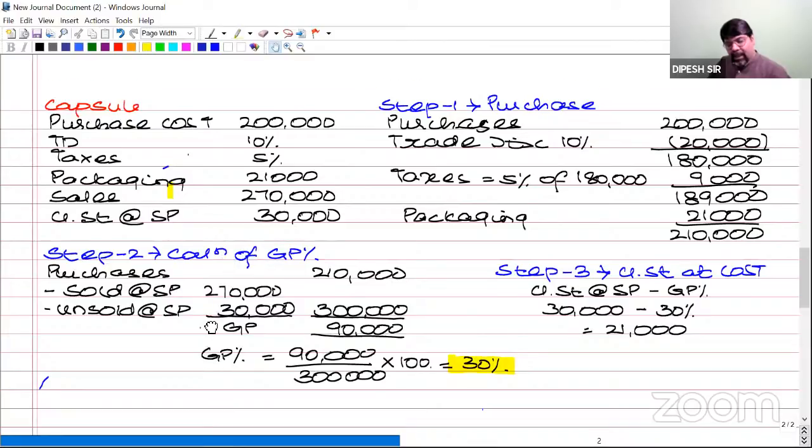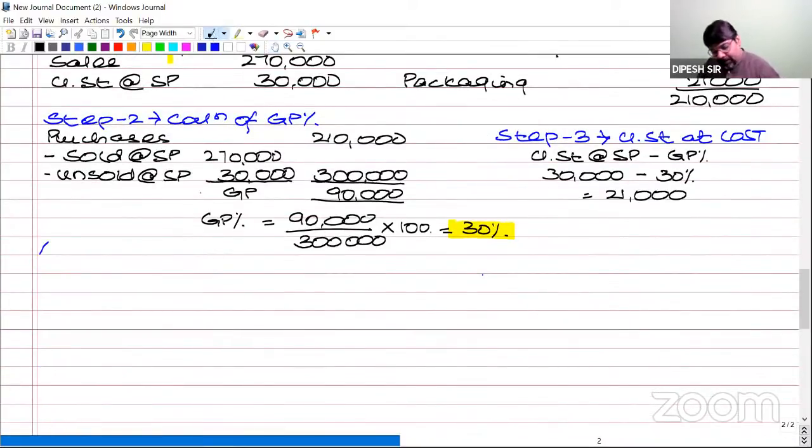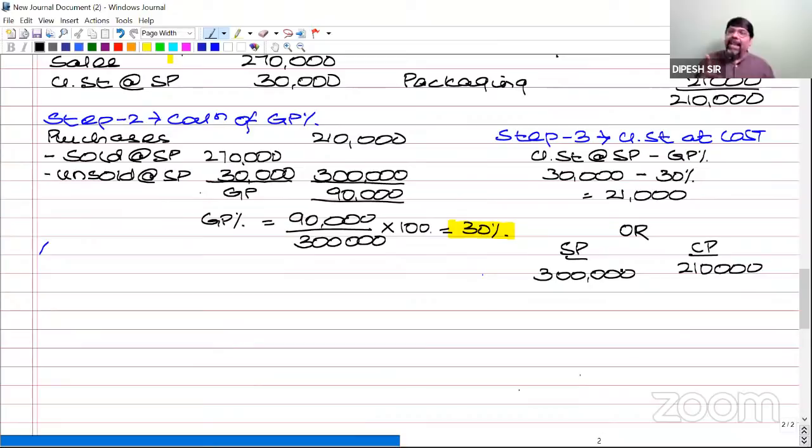Okay. There is another way also. Selling price, cost price. Total cost of purchases is how much? 2,10,000, which we calculated in step 1. If entire purchases were sold, they would have been sold at 3 lakhs.